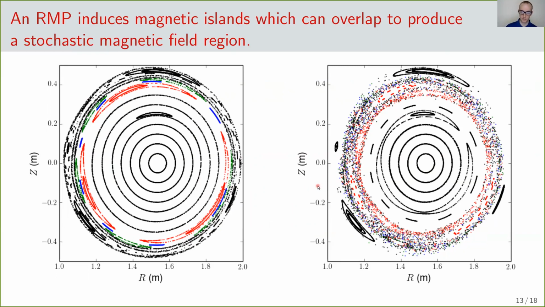This is sort of like a nonlinear Hamiltonian system where there's emerging chaos. So these chaotic field lines allow for particles to readily be transported across the region, whereas the nested surfaces are very good at confining particles.